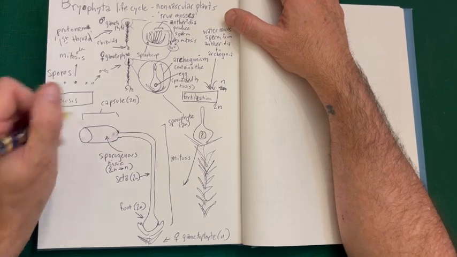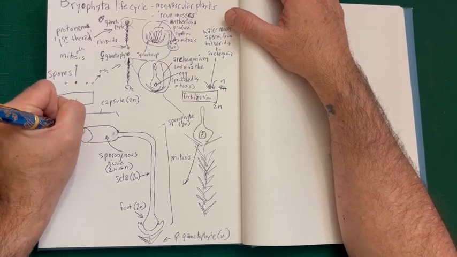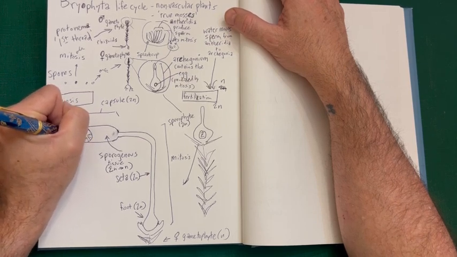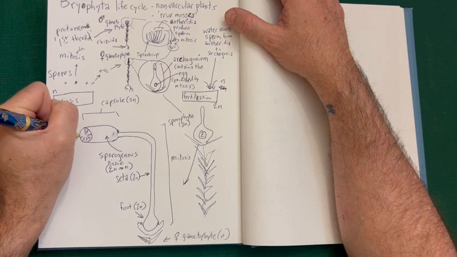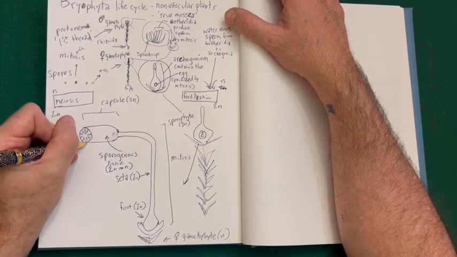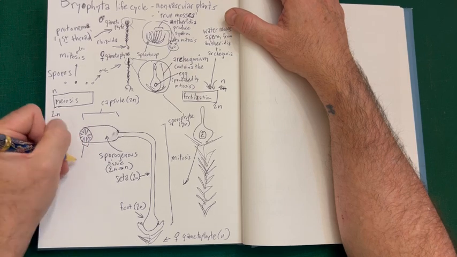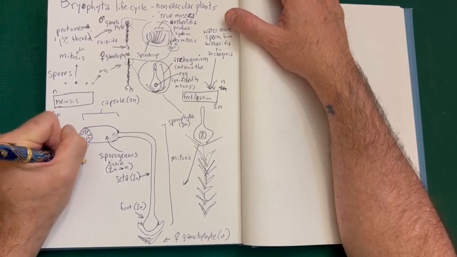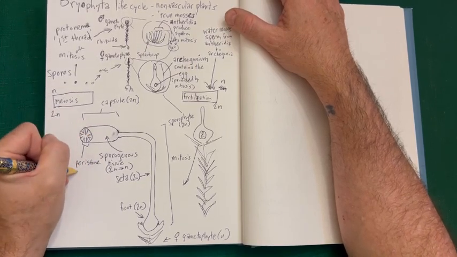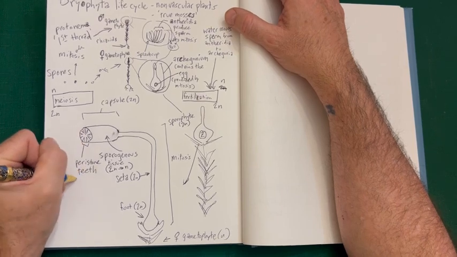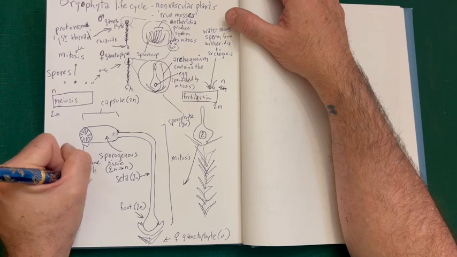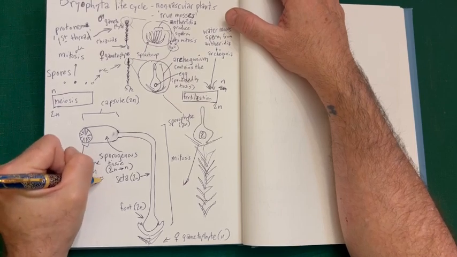And then at the end of the capsule, away from where the seta connects, we've got this area called the peristome. And inside the peristome, we've got these structures called peristome teeth. And the peristome teeth, yes, they are diploid, but they're also hygroscopic.